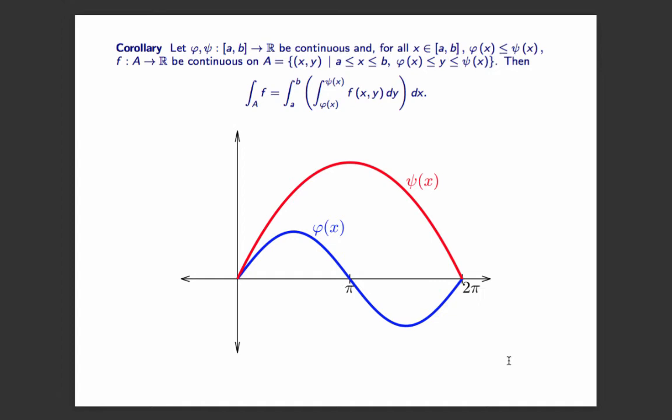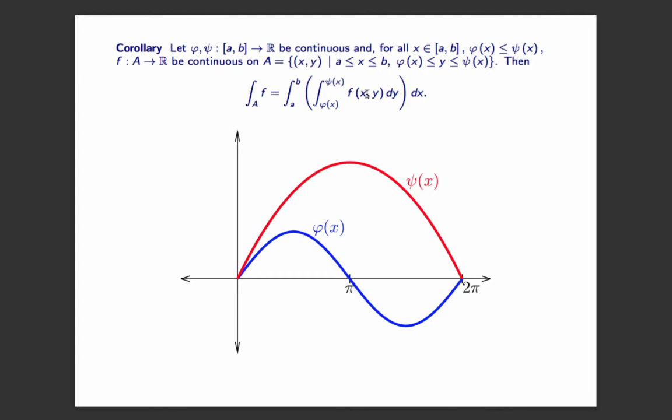So suppose psi and phi are both continuous functions on a to b, and in this case we get 0 to 2 pi, but from a to b. Suppose f is continuous in this sandwich space. Then to integrate f over the space is to integrate f of x, y with respect to y from psi of x to phi of x.